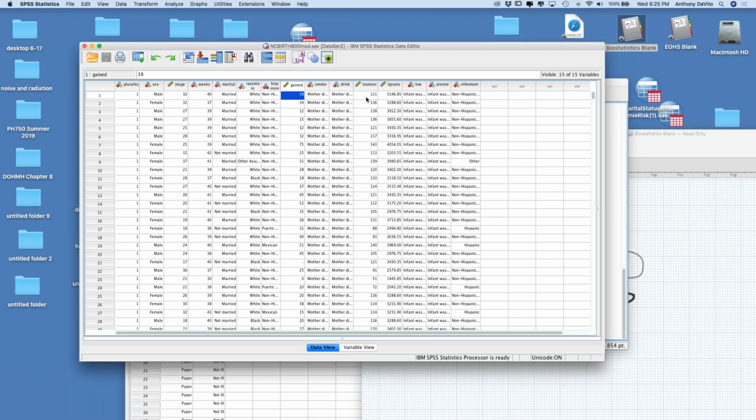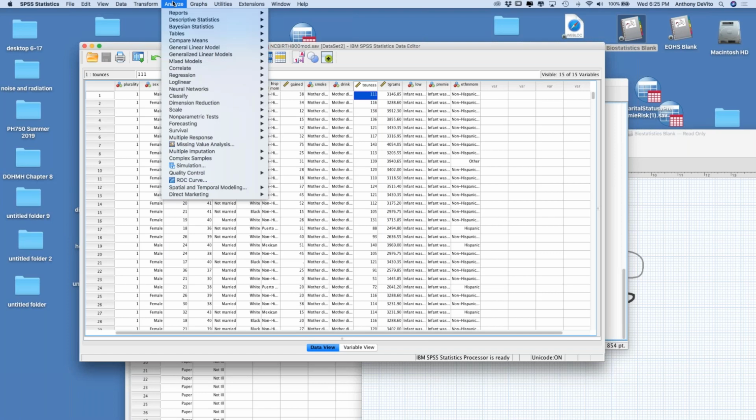So we can test how big the error is that our formula makes for each one of these women that we have real data for. That difference, that error, is called the residual. Okay, the residual. In other words, the difference between what our formula predicts and what the real weight of the baby was is called the residual. And we can actually ask SPSS to calculate that.